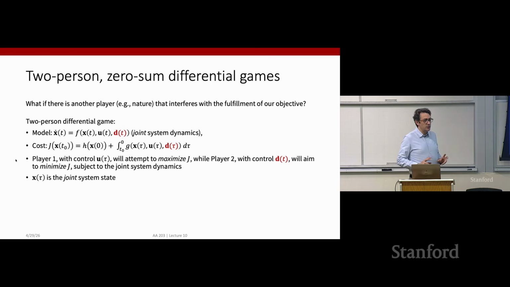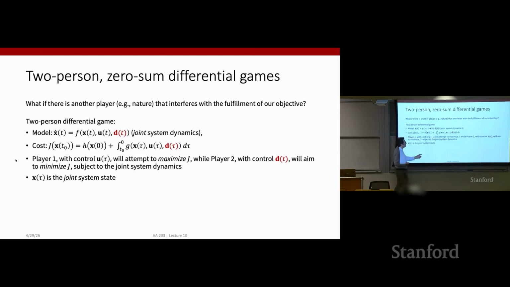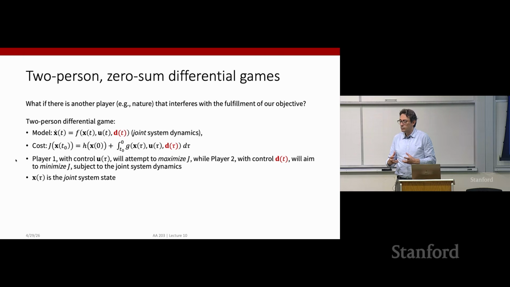Specifically, we now assume that in addition to everything I said so far, our dynamics are also influenced by a disturbance term d of t. When we were talking about the discrete time stochastic formulation, d was just a random variable generated according to some probability distribution.